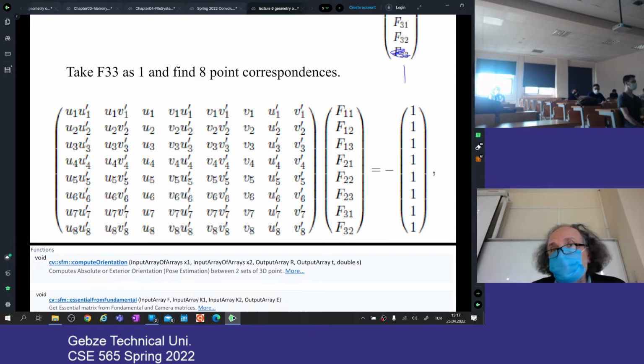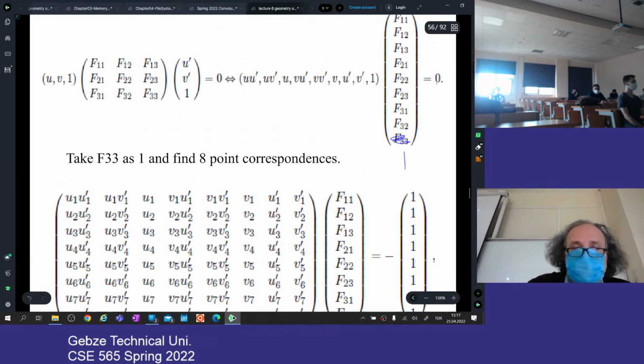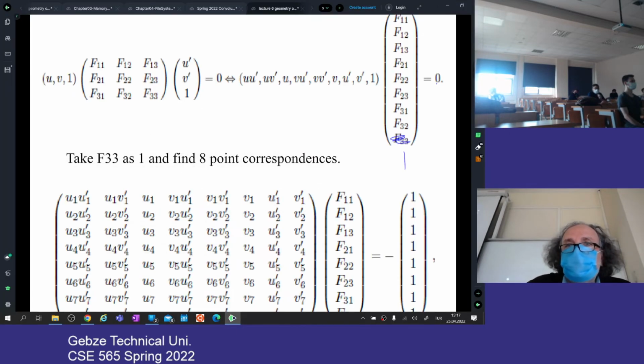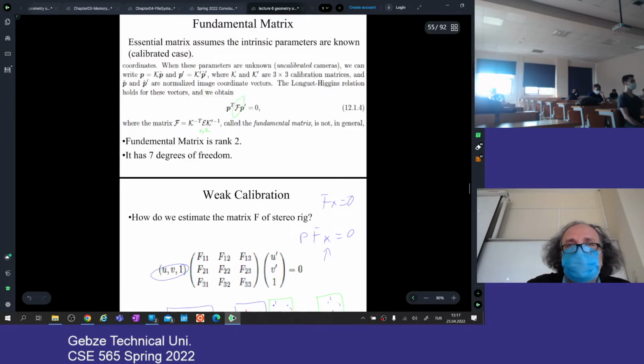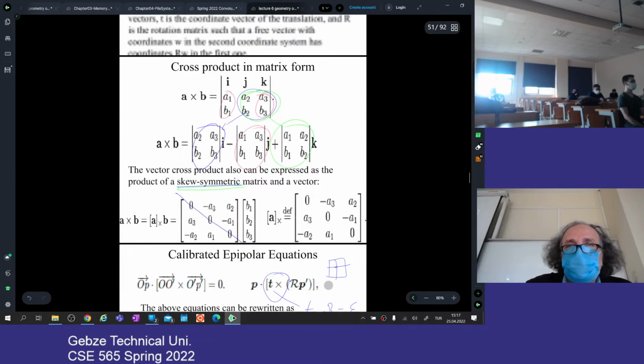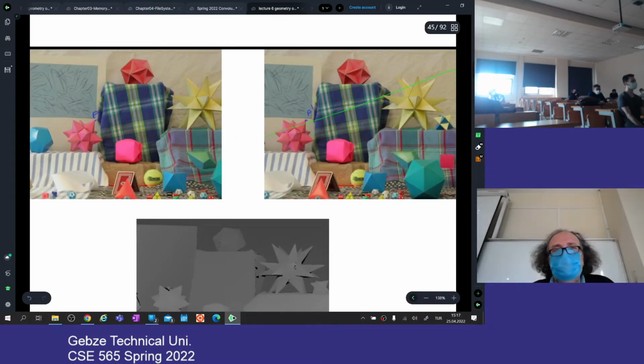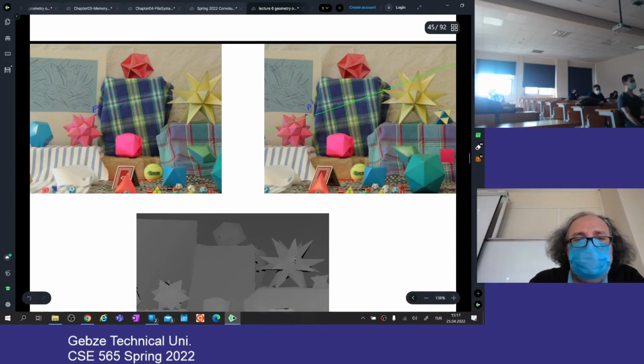Yes. Well, if you know the fundamental matrix, and somebody gave you this P, you multiply this P with F, and on the other side you have the P prime, right?